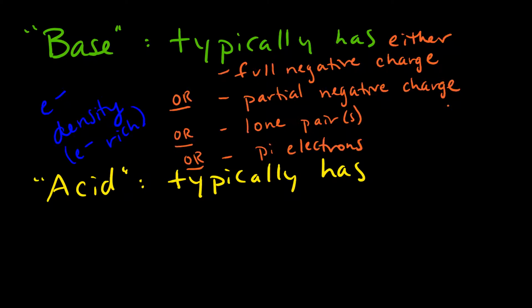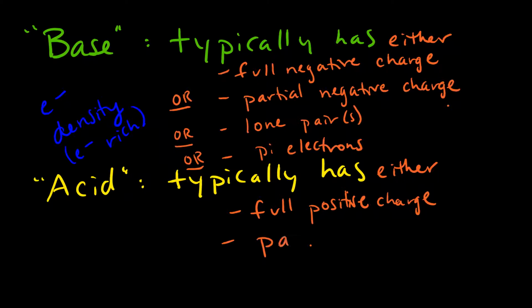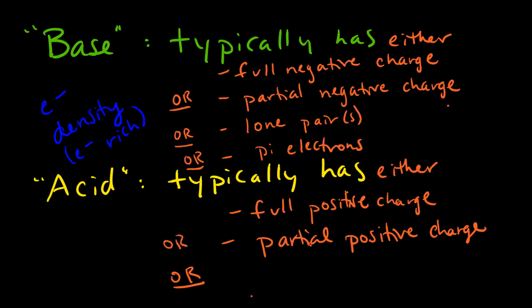Acids, on the other hand, typically have either a full positive charge, a partial positive charge, or an incomplete octet.